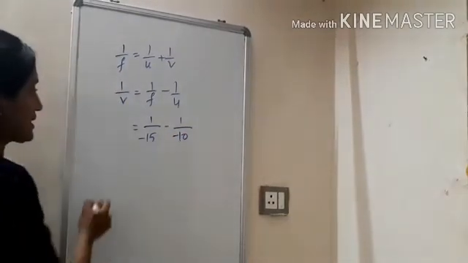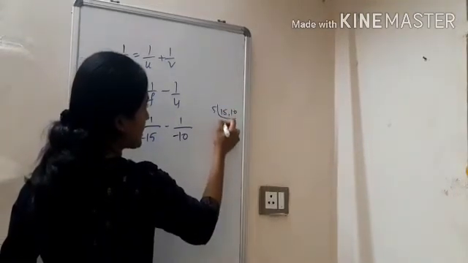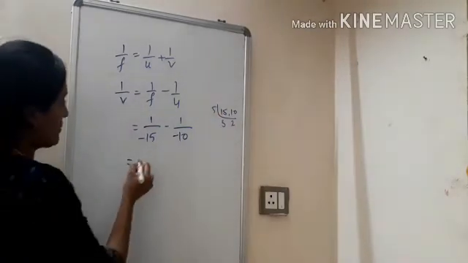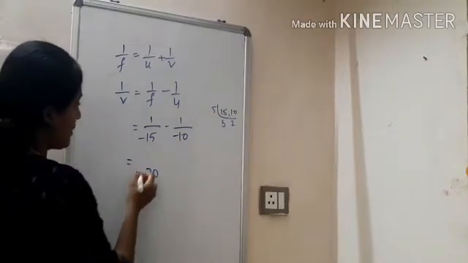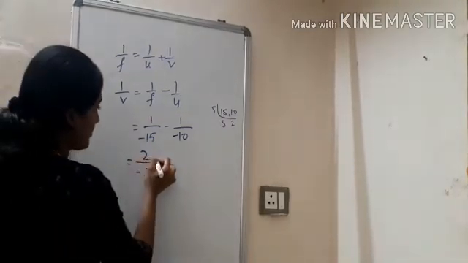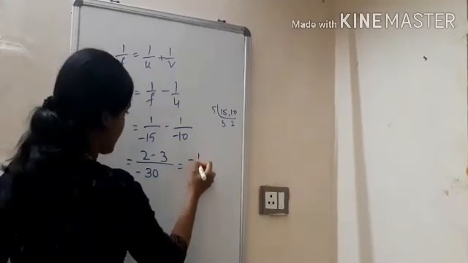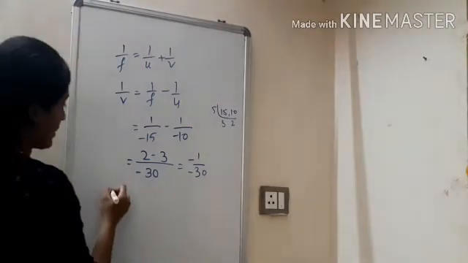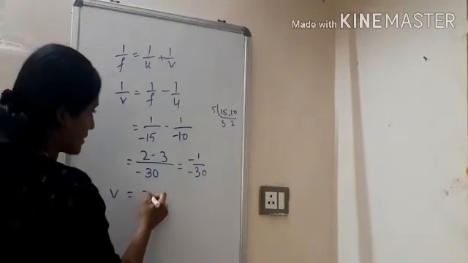Let's take the LCM of 15 and 10. So it is 30. So 2 minus 3, you will get minus 1 divided by 30. So take the reciprocal of this, v is equal to minus 30 cm.